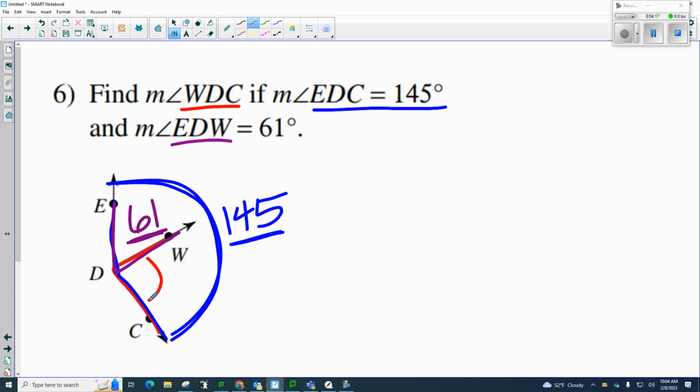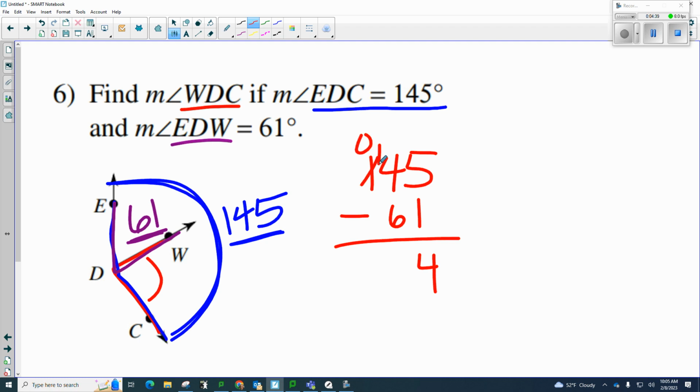When you know that two things add up to give you the total, you can just work backwards and subtract. If I take 145 and subtract 61, that will give me what's left in that other angle. 145 minus 61 gives us 84. So 84 degrees is our answer.